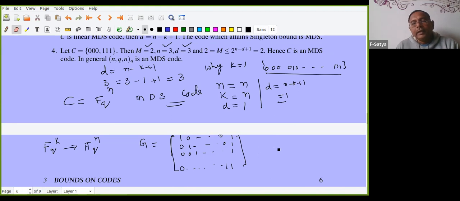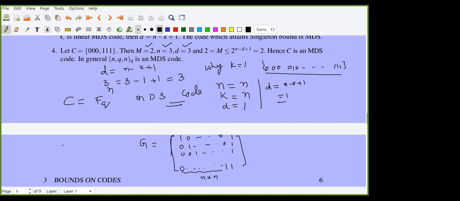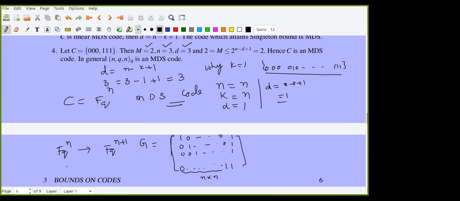Now can you tell me that this is a map from where to where? Can you tell me the k value and n value? Now I gave the matrix G, which is assumed to be n by n. It is a map from F_q^n to F_q^(n+1), just adding.